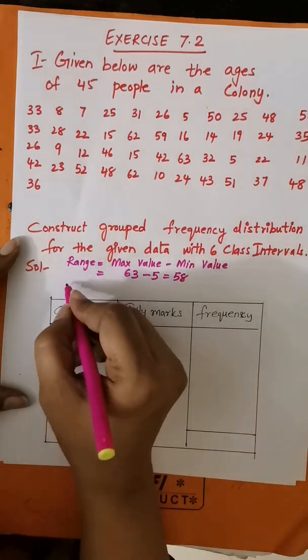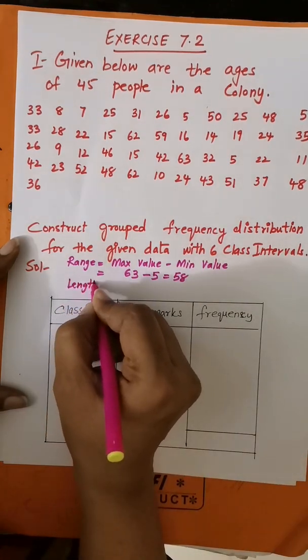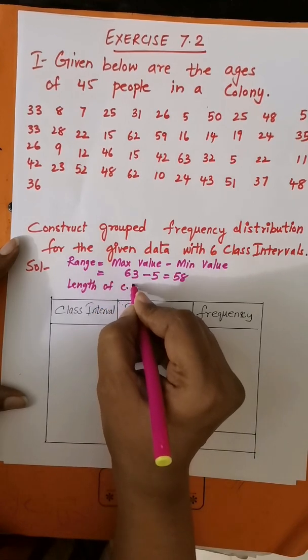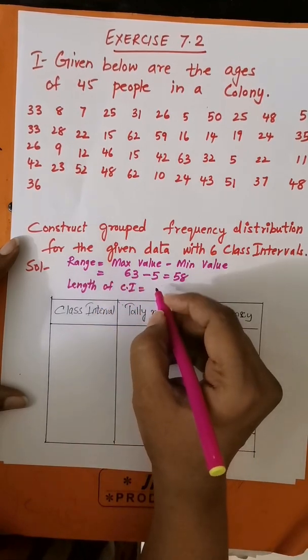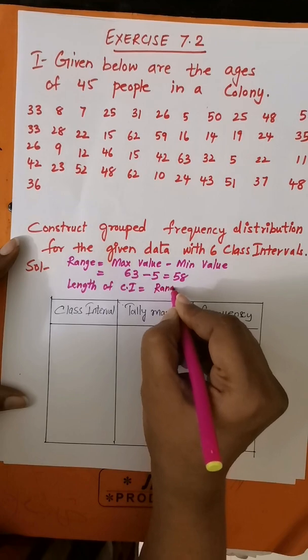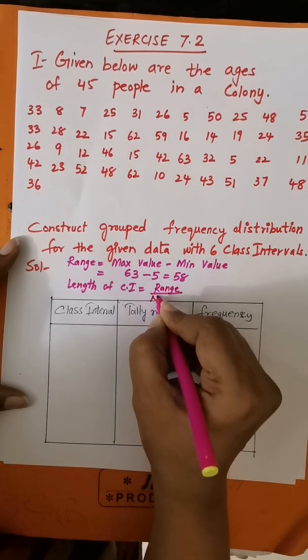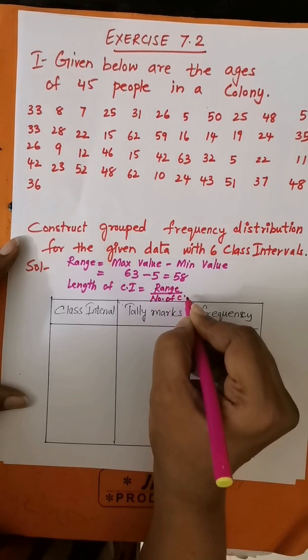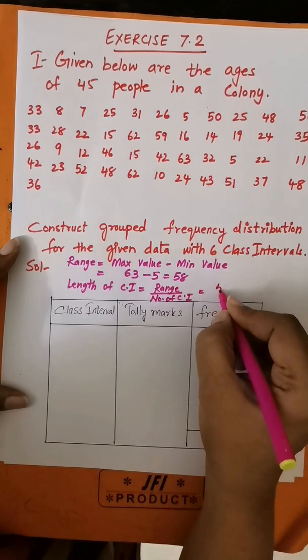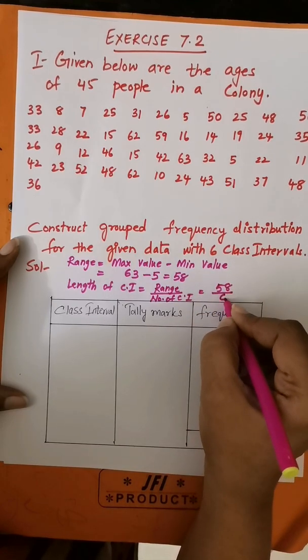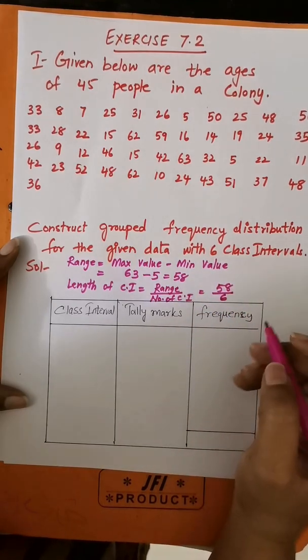Now to find the length of the class interval, there is a formula: range by number of class intervals. So range is 58, number of class intervals should be 6 as per the question.